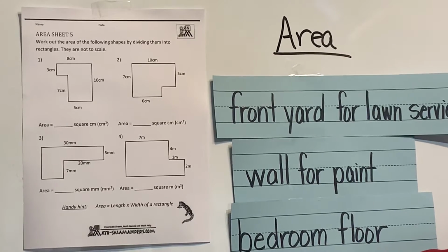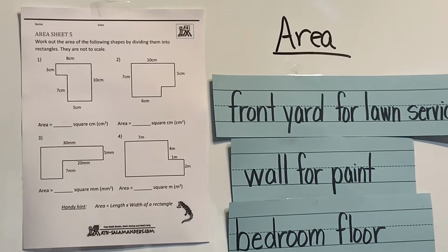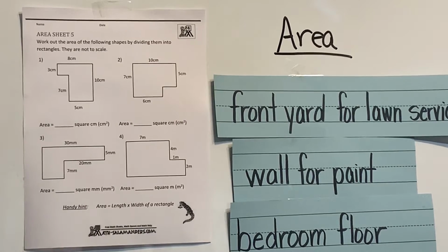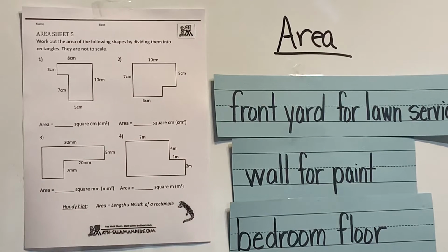And with a bedroom floor, if you were getting new carpet or new hardwood floor or new tile, you would need to know the area to know how much flooring you would need. And also it would be for the installation fee too.